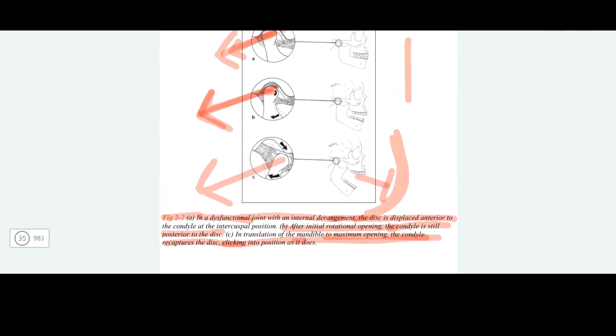Okay, so that makes the TMJ click and causes a lot of pain, because the disc can reduce the stress. Without the disc, the condyle will be clicking, okay, and as I said before, a lot of pain.